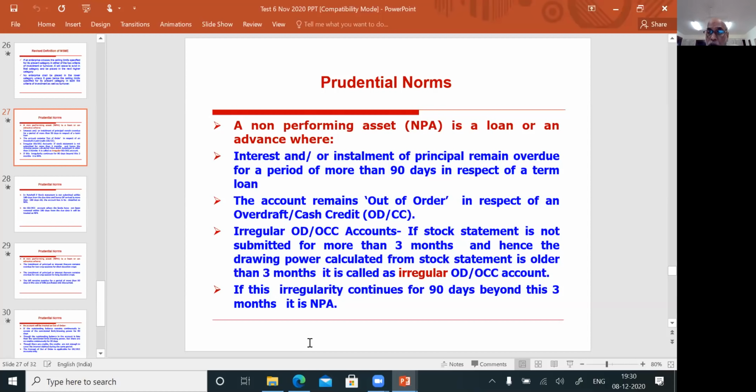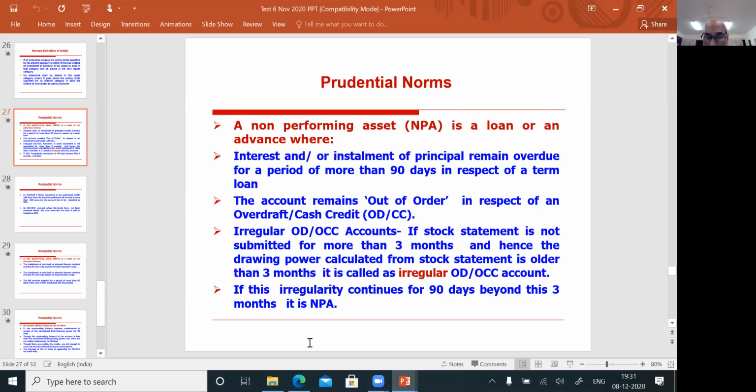Then, second point, in the case of an ODOCC account, the account remains out of order in respect of an overdraft and cash credit. I will explain what out of order is in the other slide. So what we are discussing is when an account will be called NPA. First, in the case of a term loan, if interest or installment or both is not serviced for more than 90 days, the account will be classified as NPA.